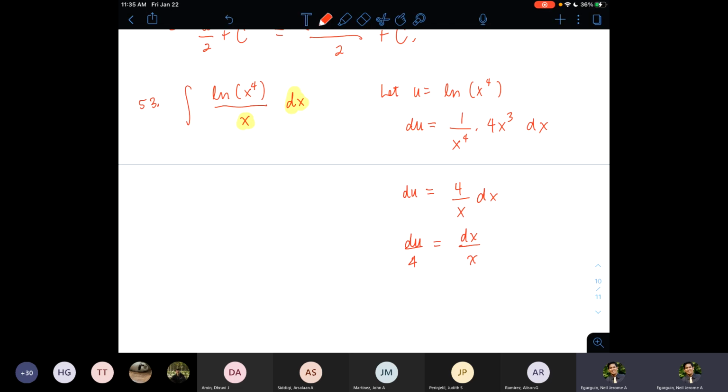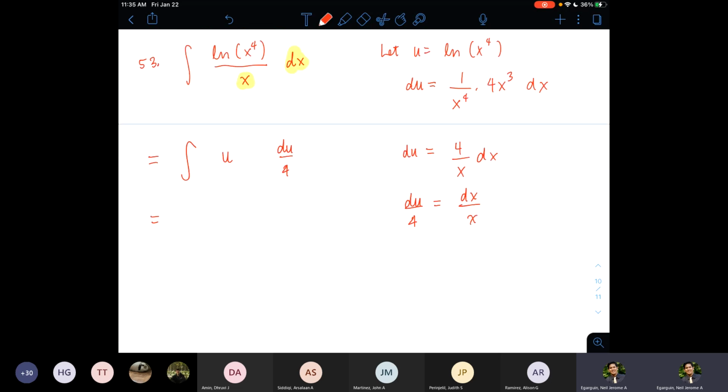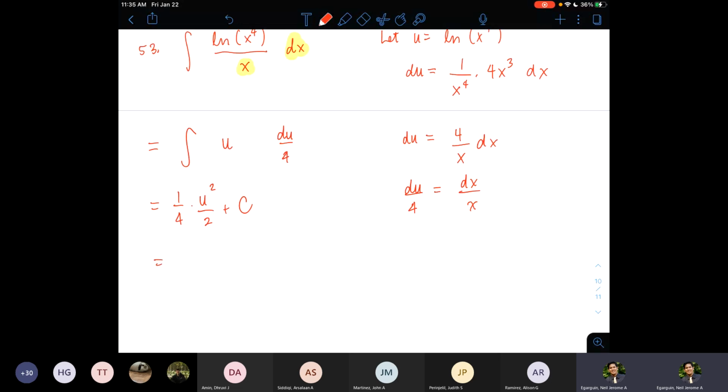Good? And so here, dx over x is replaced by du over 4. And then ln x to the fourth will be replaced by u. And this is just the integral of u over 4 du. So that will just be 1/4 u squared over 2 plus the arbitrary constant c. This would be u squared over 8 plus c.